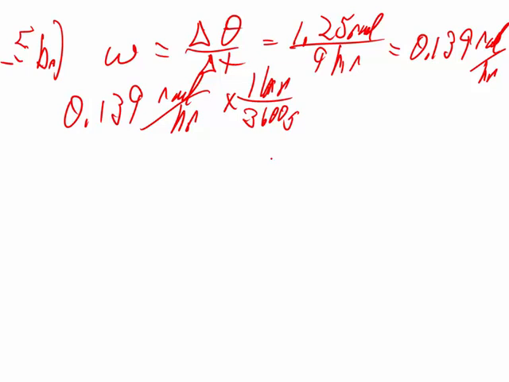So we get 0.139 divided by 3,600, and we get 3.86 times 10 to the negative 5th radians per second. So it's not very much, is it? Not very much turn.